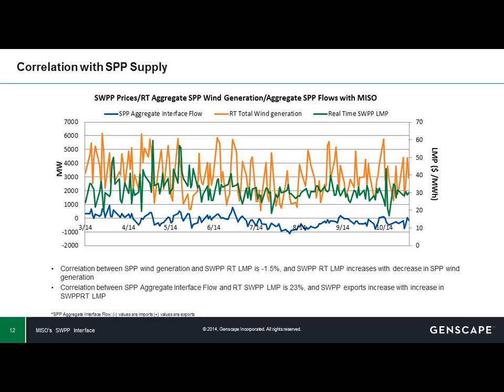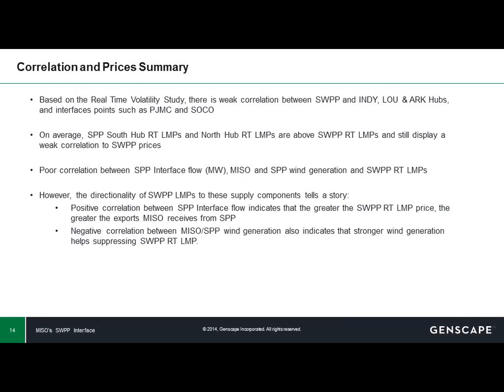Third, the weak correlation between interface wind generation in both MISO and SPP, and the positive correlation between SPP interface flow indicate that the greater the Swpp real-time LMP is, the greater the export MISO receives from the SPP region. The negative correlation between MISO and SPP wind generation indicates that the stronger wind generation helps suppress the real-time LMP for the Swpp point.